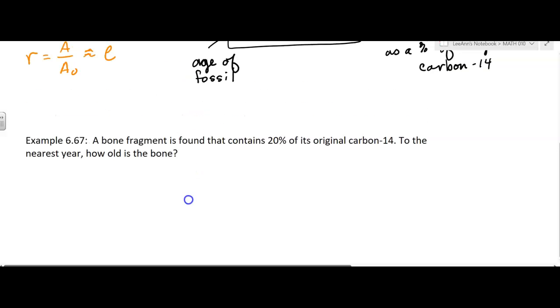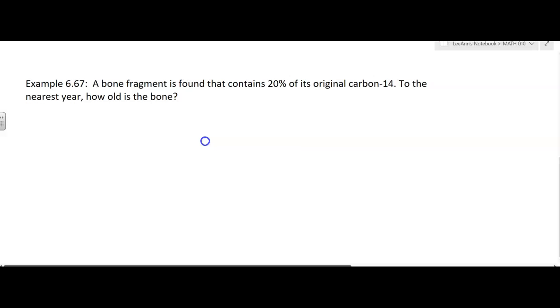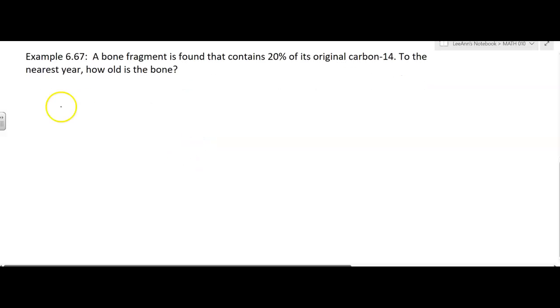We're going to use that formula that I put a box around. I'll just rewrite it. So the age of our fossil is going to be the natural log of that ratio they're going to give us, divided by negative 0.000121. These are approximate.